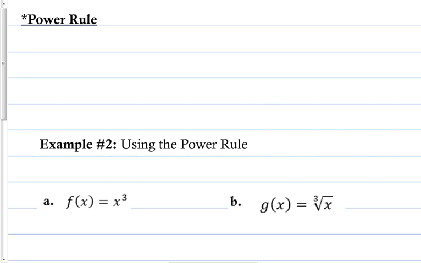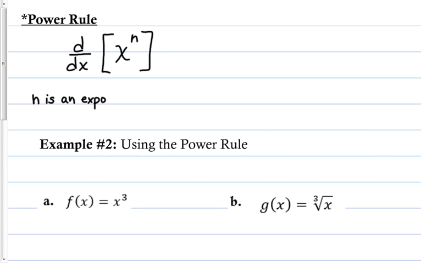Okay, first basic rule of differentiation is the power rule. And the power rule looks like this. If I have to derive a function that looks like this, x to the nth power, where n is an exponent in this formula, the rule goes like this, or the shortcut.